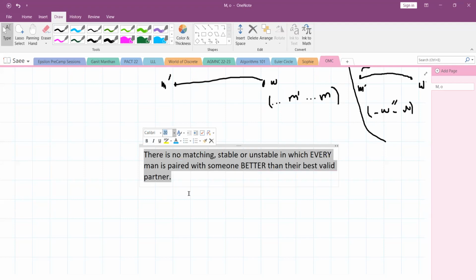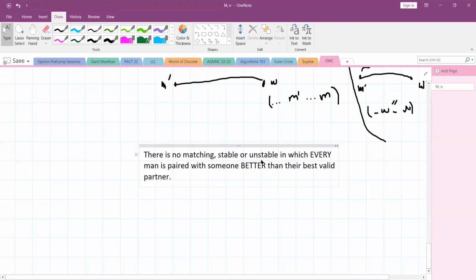In short, what this is saying is that we cannot have any such match. I think this is even stronger because we are allowing the matching to be unstable, and even then it is impossible for every man to be paired with somebody better than who they were paired with by the Gale-Shapley algorithm.